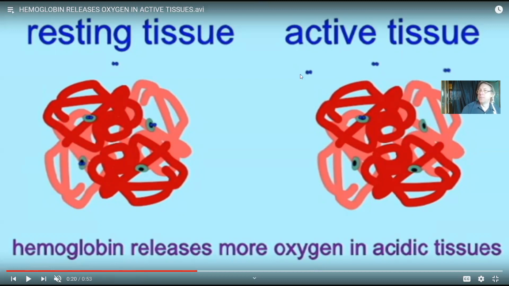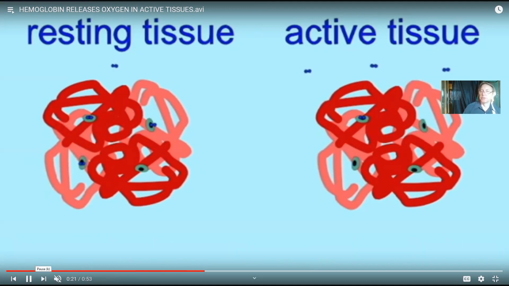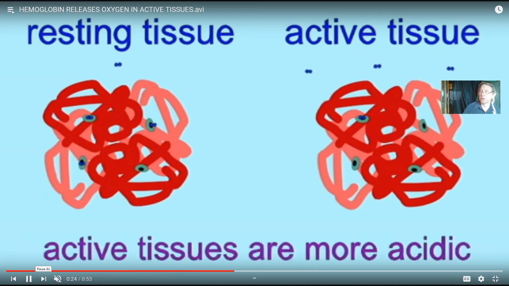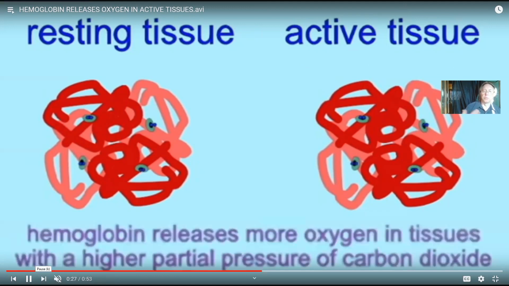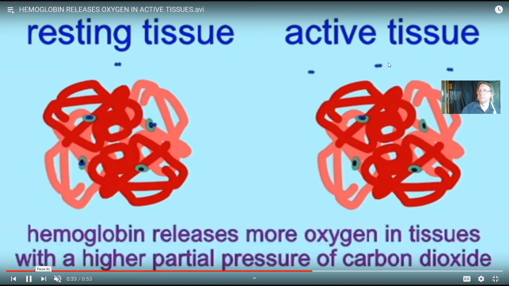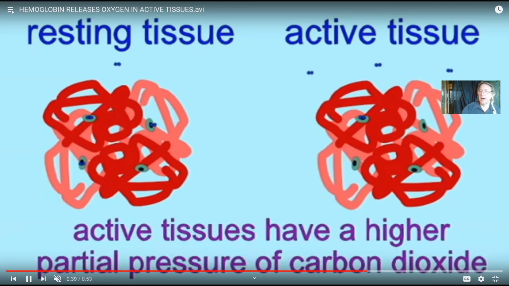And so hemoglobin is also programmed so that it will release more oxygen where oxygen is needed in an acidic tissue. Hemoglobin will also release more oxygen when the partial pressure of carbon dioxide is higher. So where there's a greater partial pressure of carbon dioxide, the hemoglobin also lets go of more oxygen.